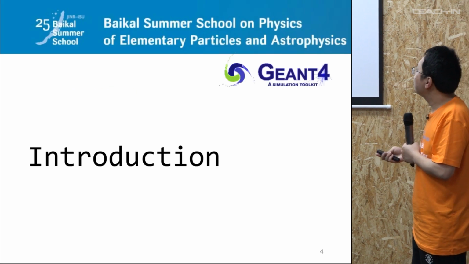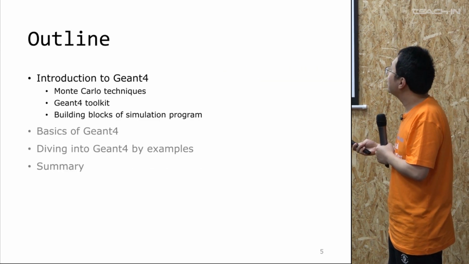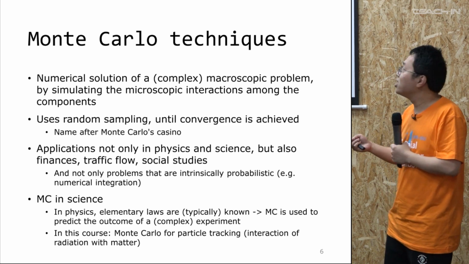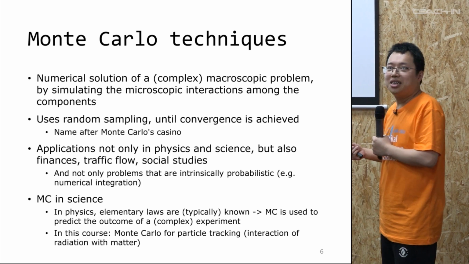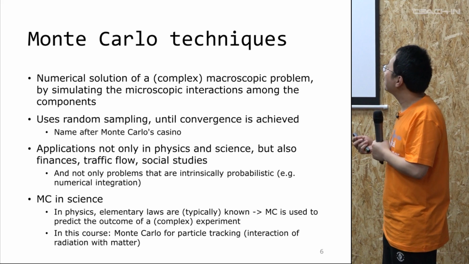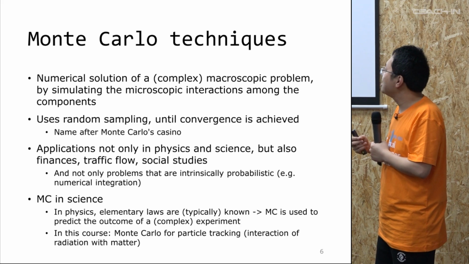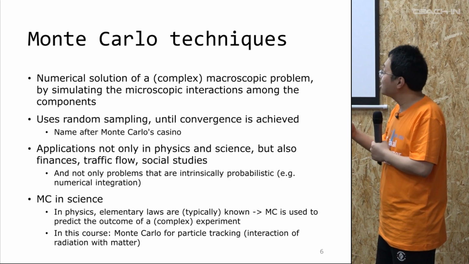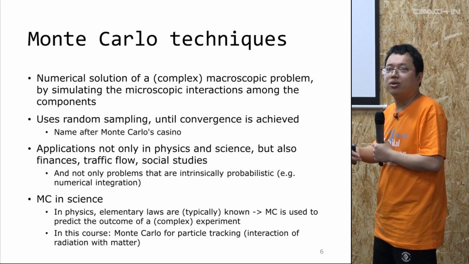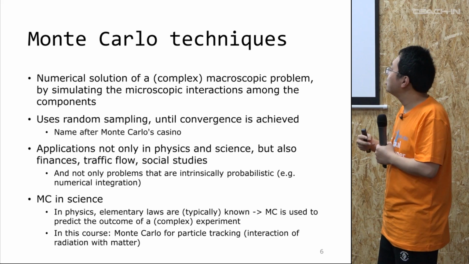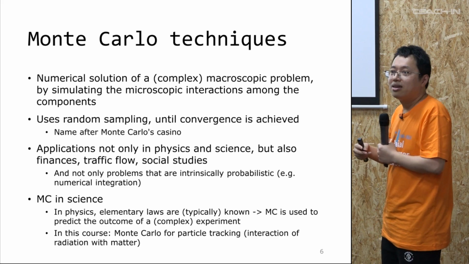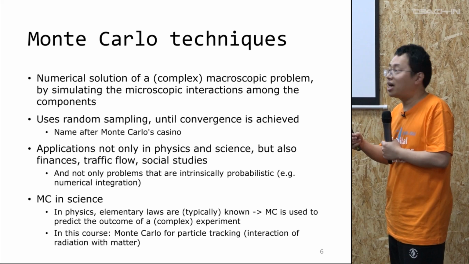Okay, so let me first introduce the Monte Carlo techniques. If you are familiar with Monte Carlo, maybe you know this is the technique of doing random sampling, and by doing this random sampling we can finally get some results.